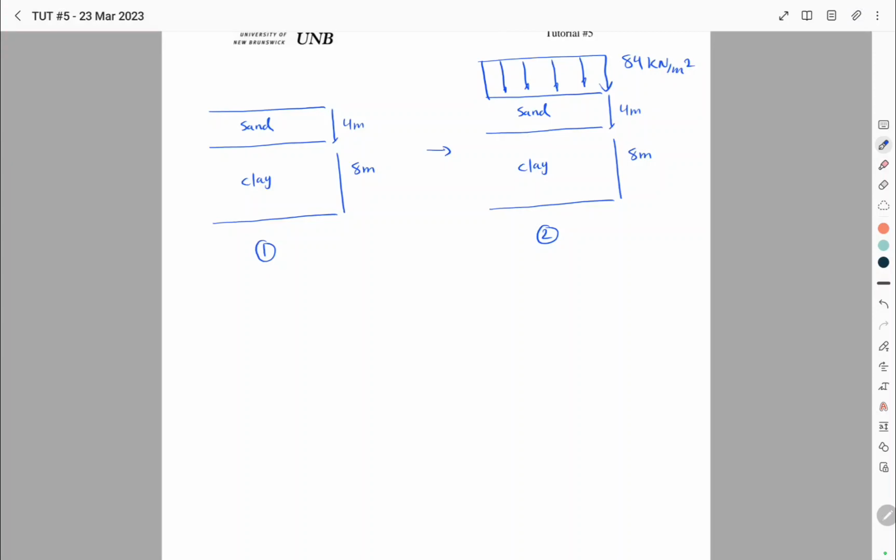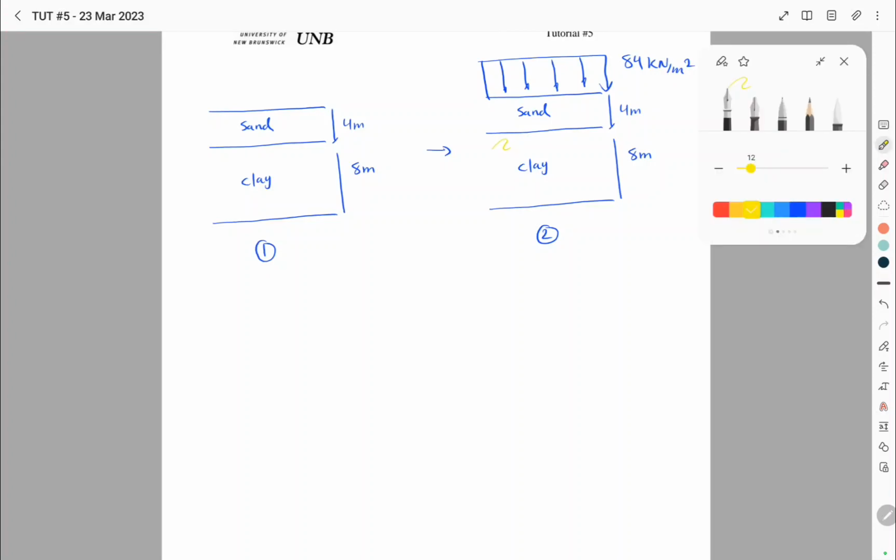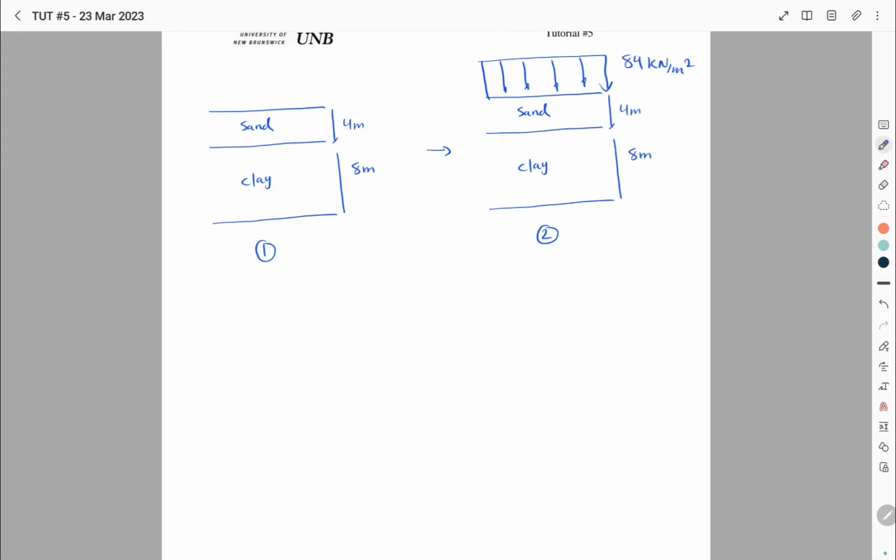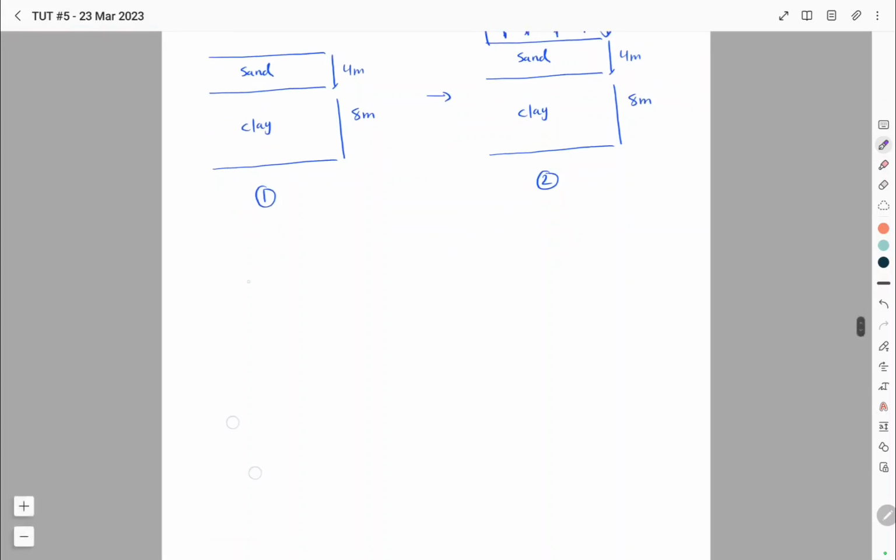So in this question, we're gonna divide this 8-meter clay layer into 4 sub-layers and each of these sublayers has a 2 meter depth. So this is our clay.